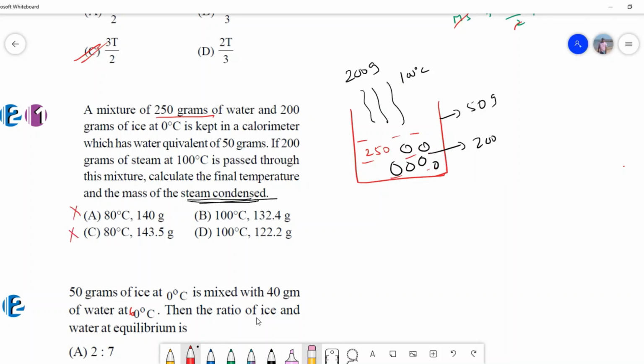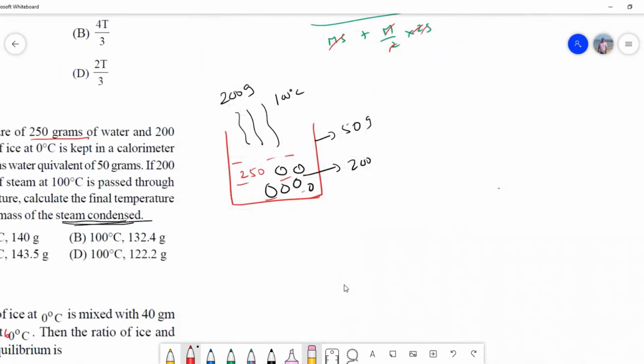Either of these two will be the answer. So here it is very important. Whenever they say uncondensed steam, it means all the steam is not condensed, only a part of it is condensed. So we have to be careful. Whenever there is steam and water, the resultant temperature is 100 degrees centigrade.